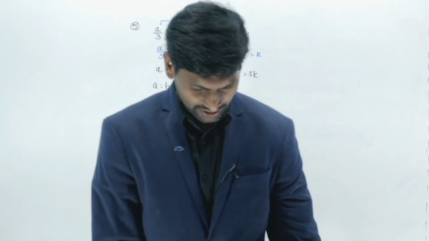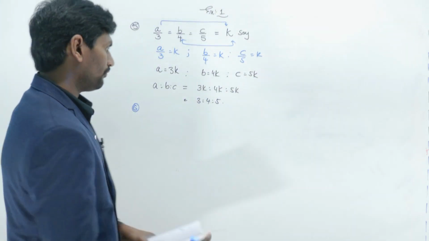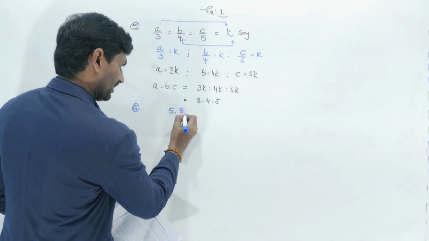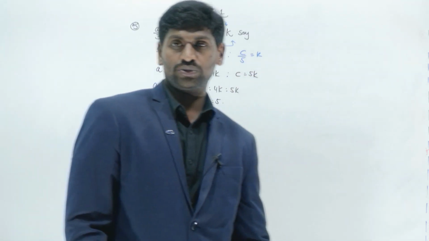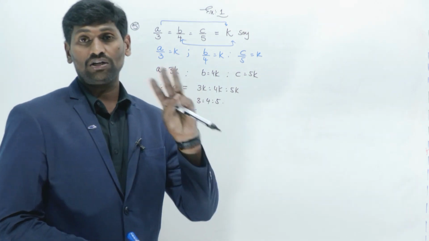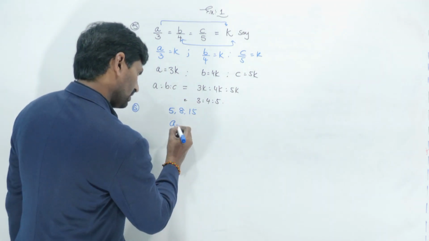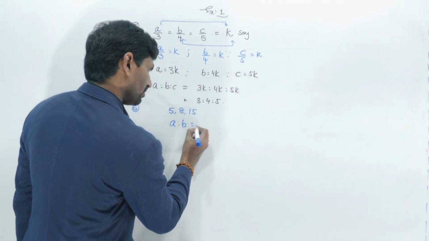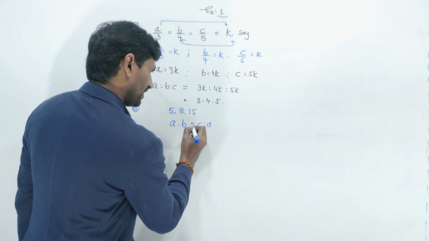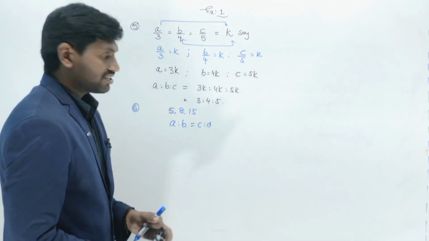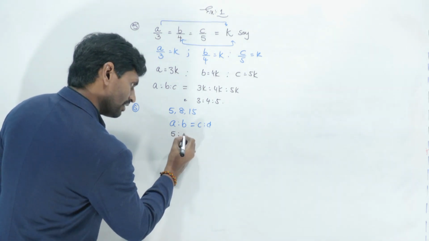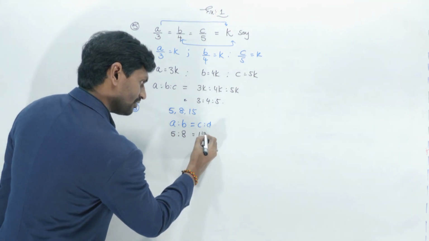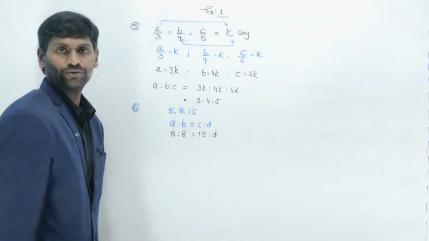The sixth problem is, given the fourth proportion of 5, 8, 15. Fourth proportion is nothing but A is to B equals C is to D, where D is called the fourth proportion. So A, B, C are the first three terms. A value 5, B value 8, C value 15. We need to find the D value.